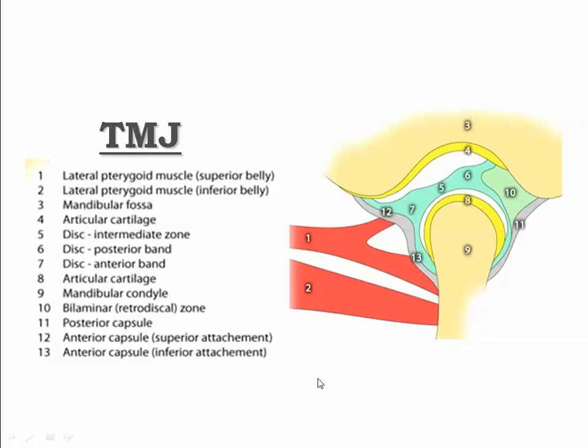You know that this joint is the articulation between the head of the mandible, or the mandibular condyle, and the temporal fossa, which is the depression in the temporal bone where the head of the mandible articulates with this part of the temporal bone.